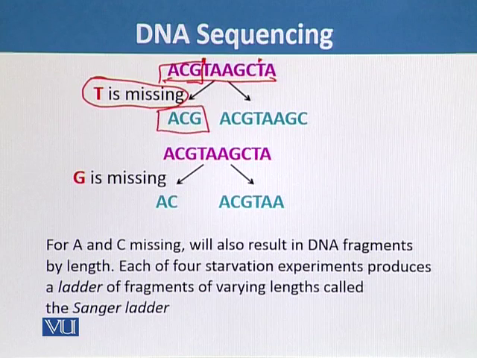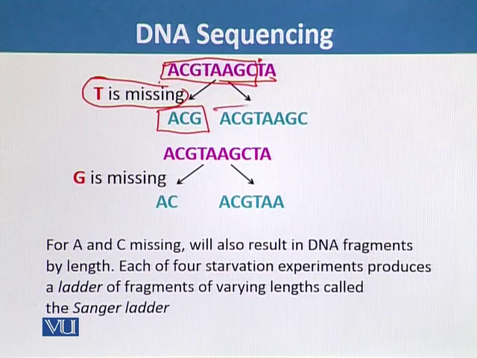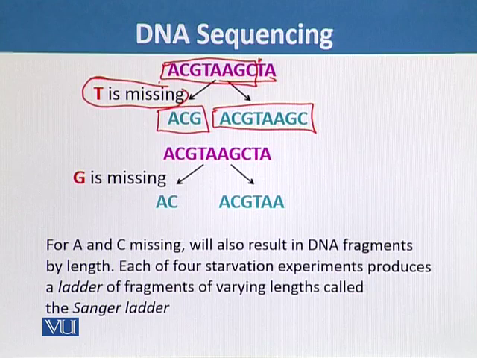The other possibility is that it is not terminated here, but it will be terminated before the second T, and the fragment obtained is of this size. Another example with the same fragment: what we limit is guanine, which is missing.